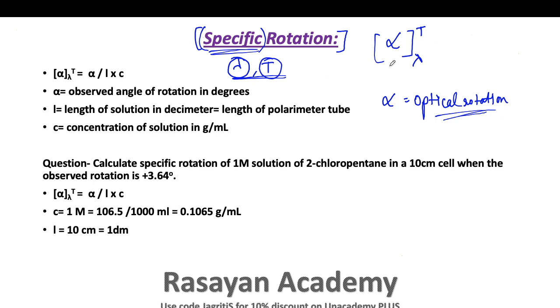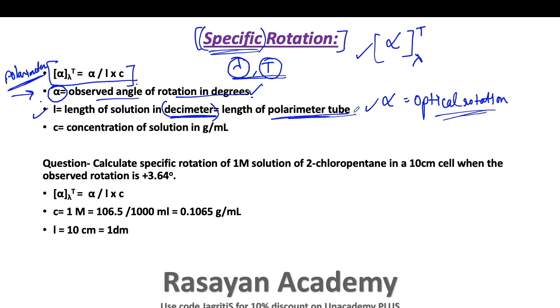So there must be some formula correlating the optical rotation and specific rotation. Here it is very simple. Optical rotation is what you observe in degrees. In the polarimeter, you observe the angle of rotation. That is called your optical rotation in degrees. Now, from this angle, taking the length of the solution in decimeter, always take the length of the solution in decimeter only. That is your length of the polarimeter tube.